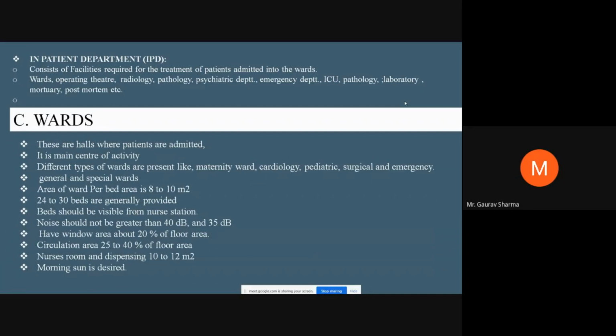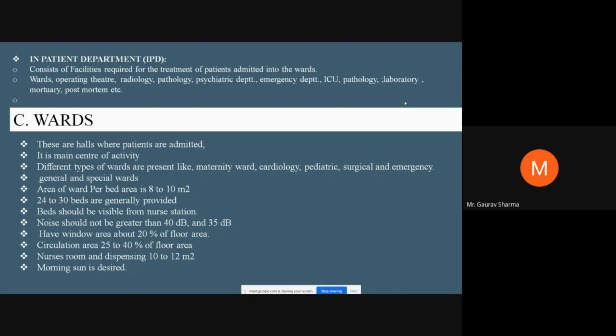So at least a window area of 20% of the floor area should be provided. Suppose there is a 1,000 square feet area, then 20% of it should be used as window area, that is, openings provided in the walls.